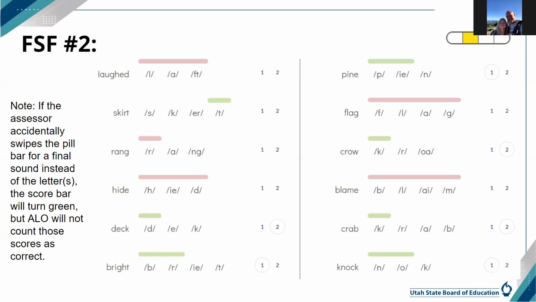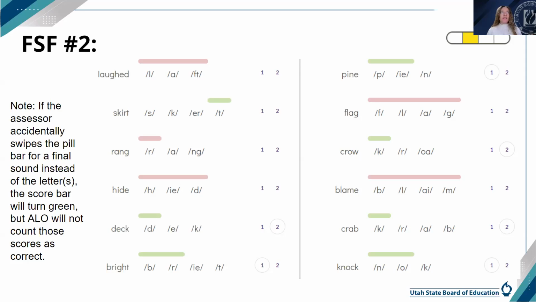Is this test one where the person administering says laughed and then they give you laugh? Yes. And are they supposed to give you the vowel? The fully correct 2 point response is just the first initial phoneme.